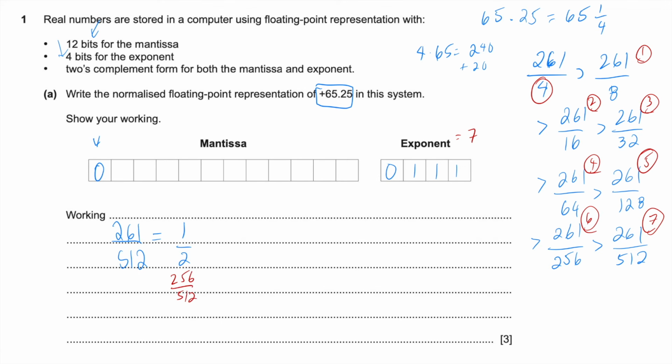And then we're going to need something small, so we're going to need 4 over 512. 2 over 512 would be 1 over 256, so 4 over 512 is going to be 1 over 128. So we can do plus 4 over 512. And that puts us up to 260 over 512, which means that we just need to have 1 over 512 right now.